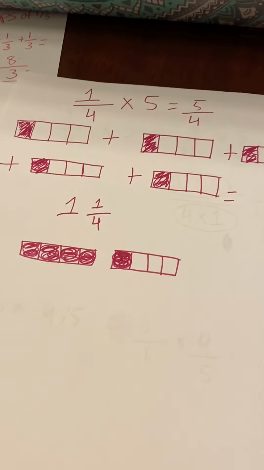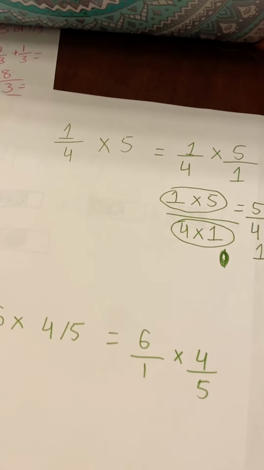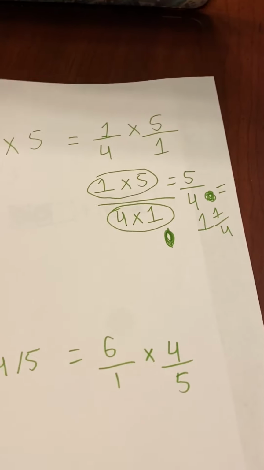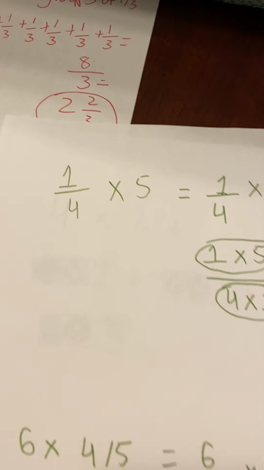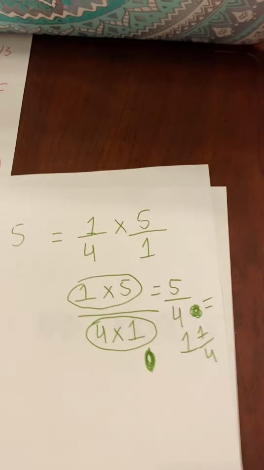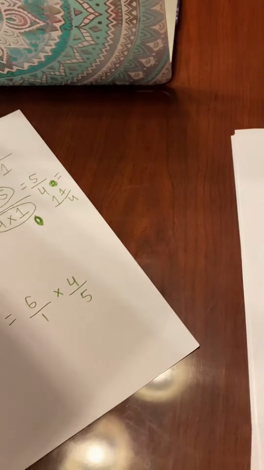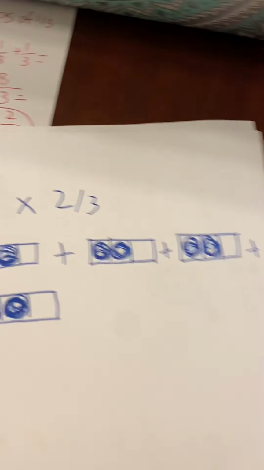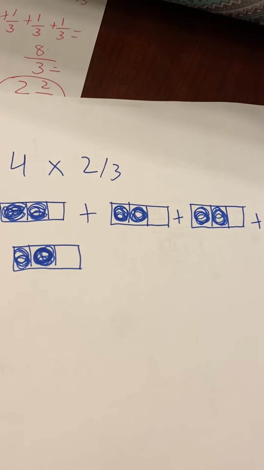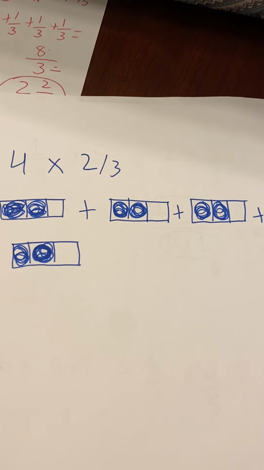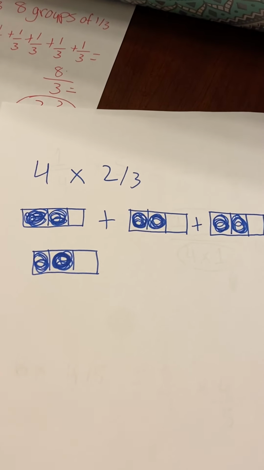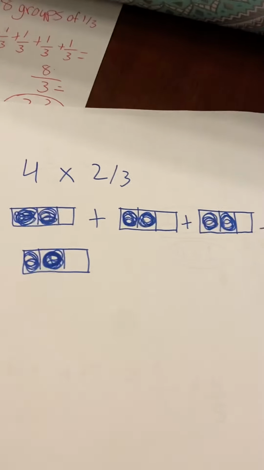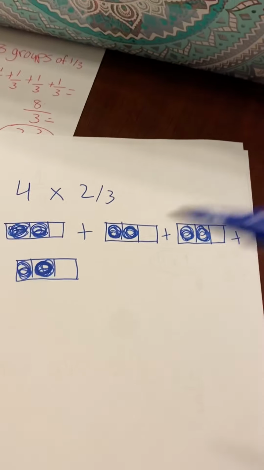But here's another example for you guys using a visual aid. Well, that's not the right one. Sorry. This is the right one, you guys. 4 times 2/3. So you have 4 of these.